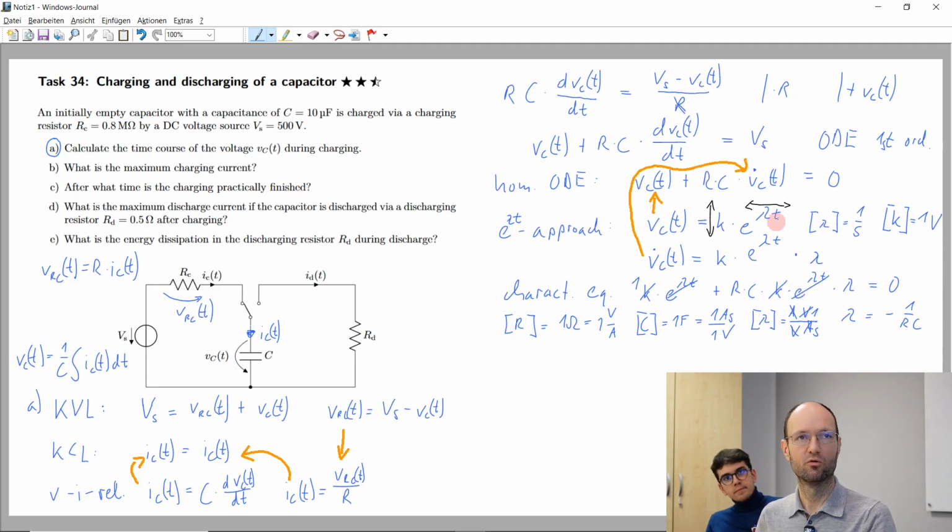Okay, so now we have more or less solved our homogeneous differential equation and got this solution, and in this solution we already know lambda.